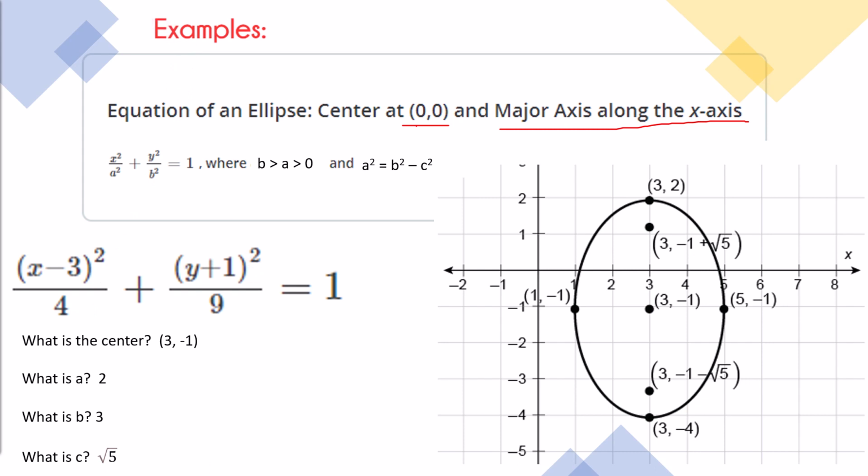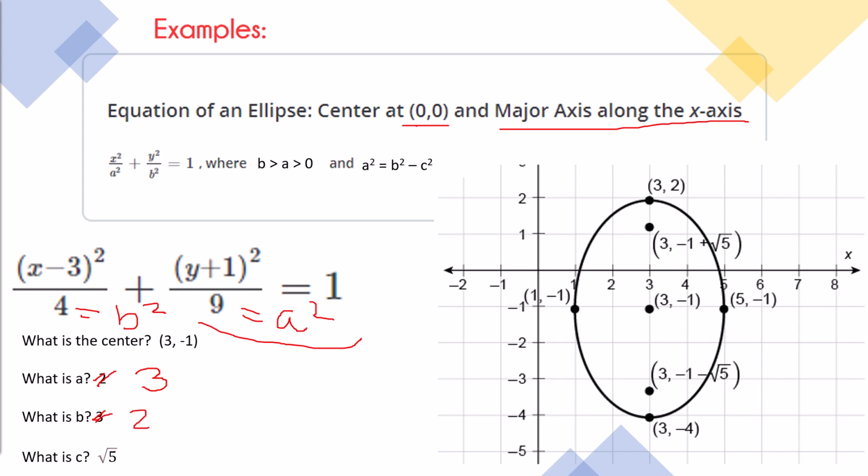Let's correct this right now. I think this is what tripped us up. A squared is always going to go with the larger number, and b squared with the smaller number. So if we're looking for a, take the square root of 9, and we get 3. If we're looking for b, take the square root of 4, and we get 2.